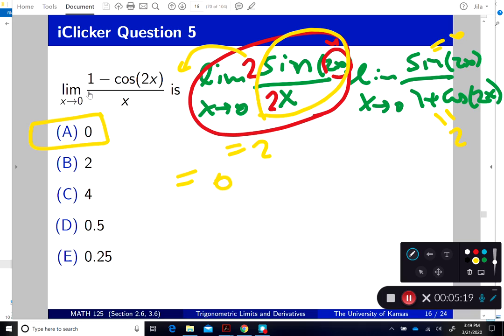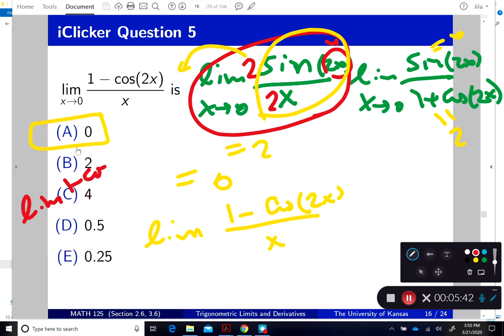Could I have done this with another method? Yes, if I had memorized the other formula, which is the limit of 1 minus cosine of u over u as u approaches 0 is equal to 0.